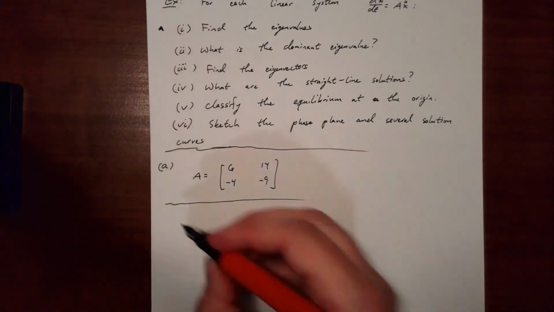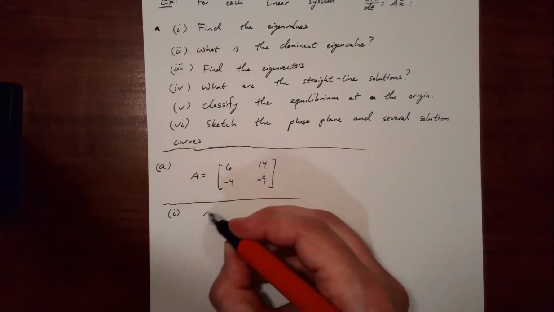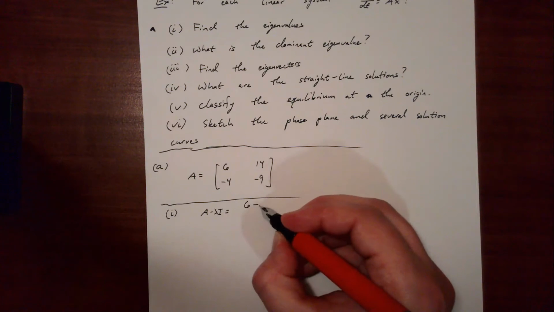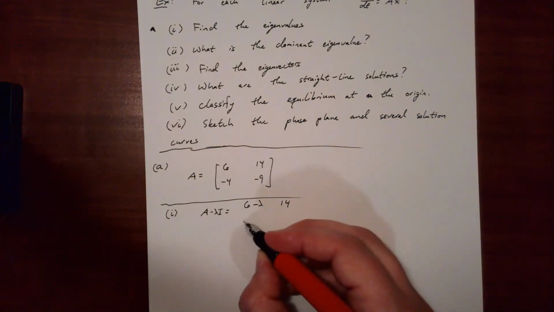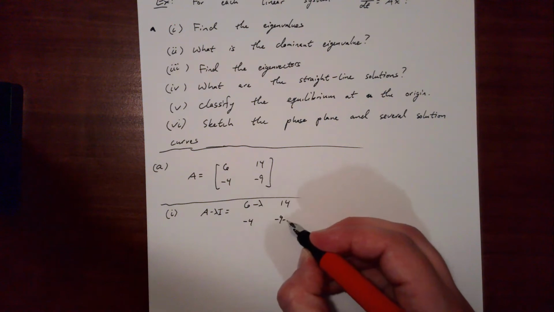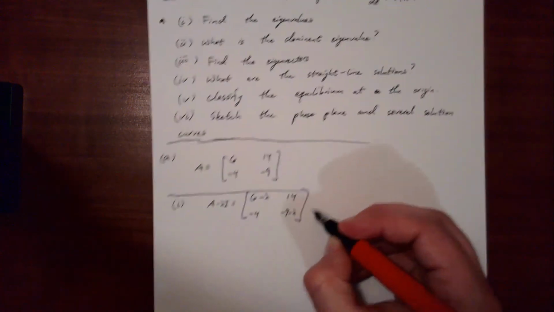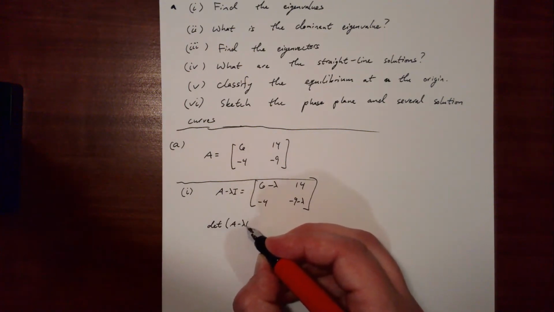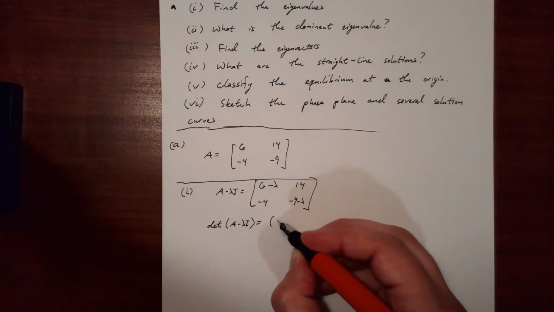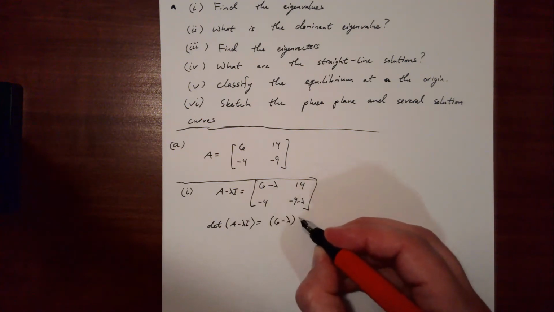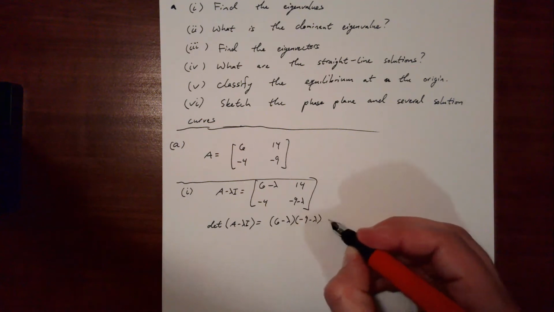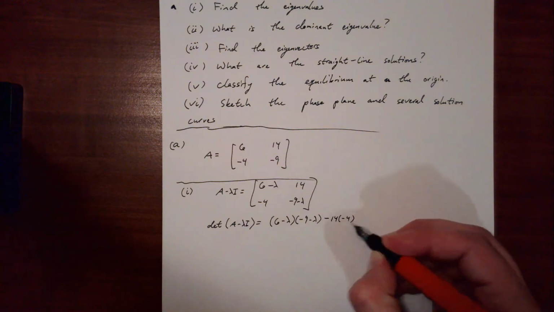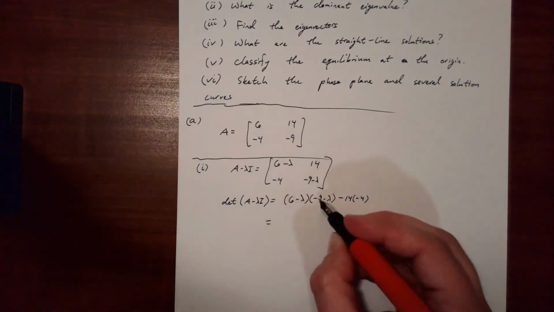All right, well, A minus lambda I is just going to be [6 minus lambda, 14; -4, -9 minus lambda]. And so the determinant of A minus lambda I would just be (6 minus lambda)(-9 minus lambda) minus 14 times -4.